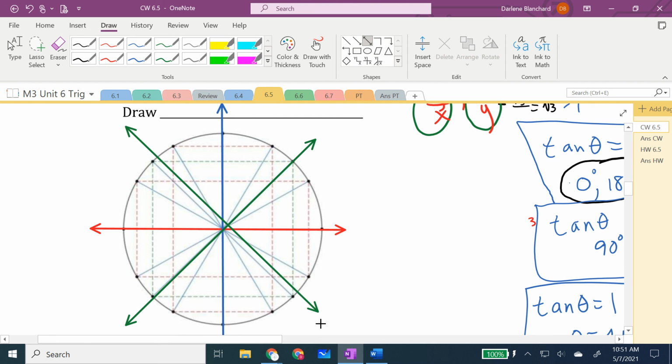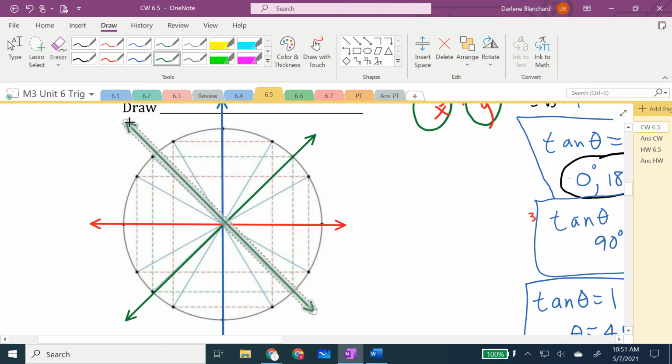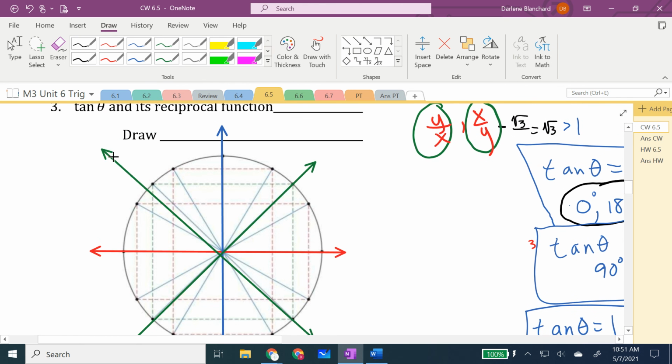A slope of negative 1. A slope of negative 1 gives us the angles where tangent and cotangent are both negative 1.